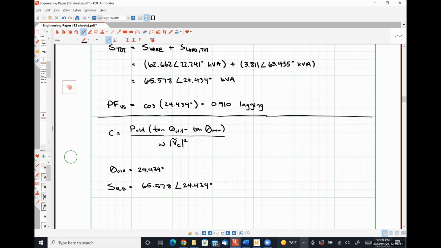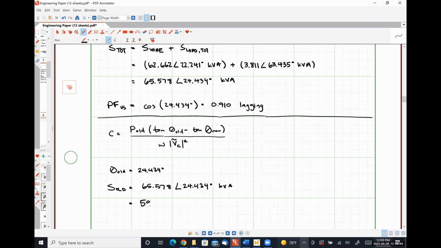At 24.434 degrees kVA, which could be written in rectangular form as 59.704 plus j27.126 kilovolt amperes.